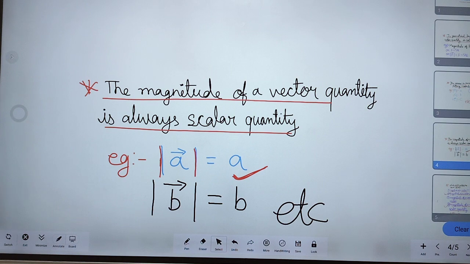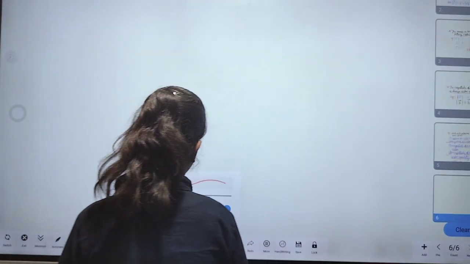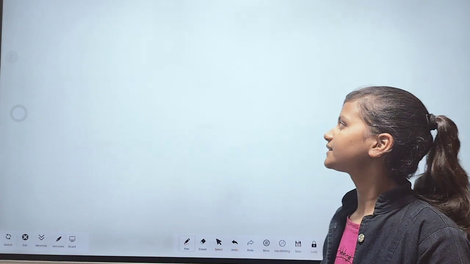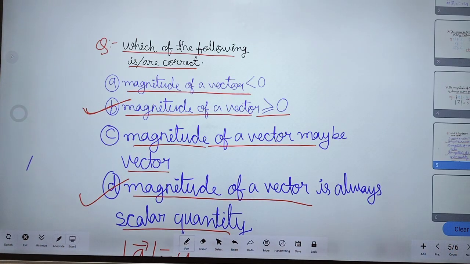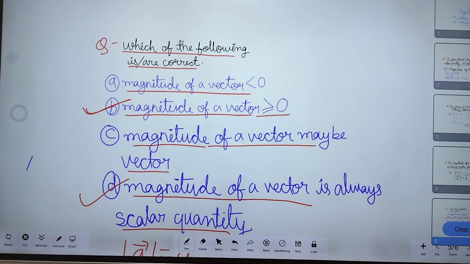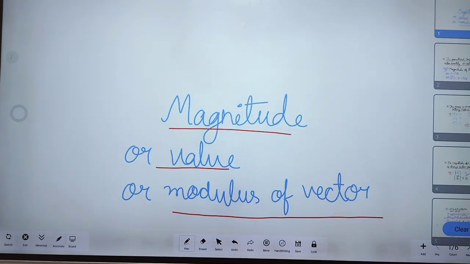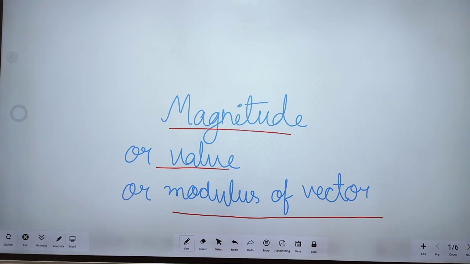And our next point is that the magnitude of a vector quantity can never be negative. So I hope you understand about magnitude, or value, or modulus of a vector.